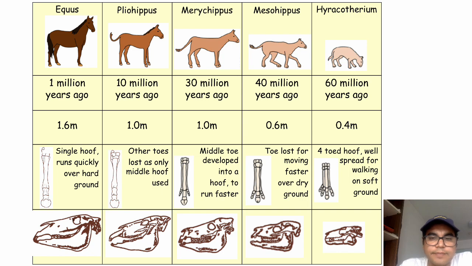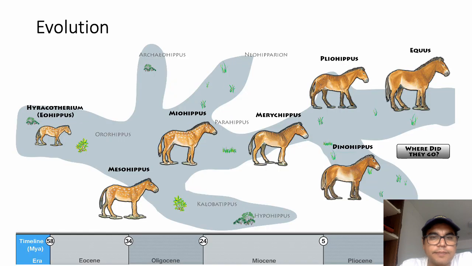These changes occur because of developmental changes throughout their lifespan. And here you can see a clearer picture of the different time frames, and the developmental changes that occurred through a series of evolution in the equines.